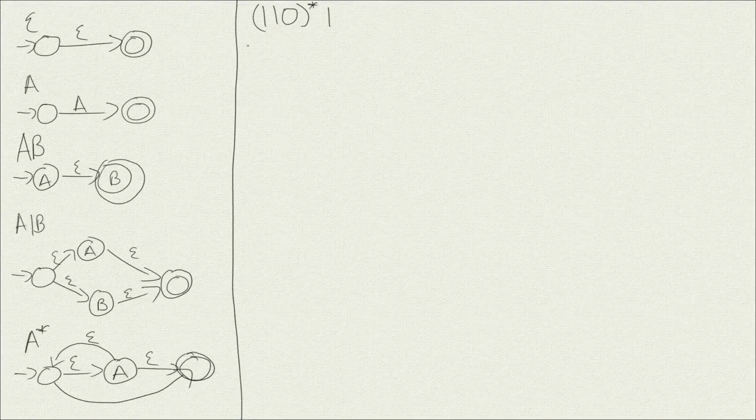Mathematically, for the elements 1 and 0, it must end with 1. So basically it is a binary number. 1s and 0s are binary numbers.